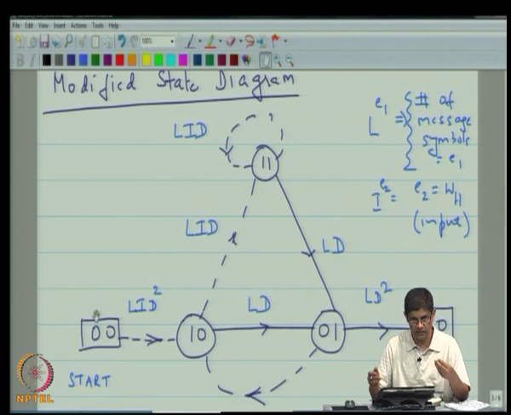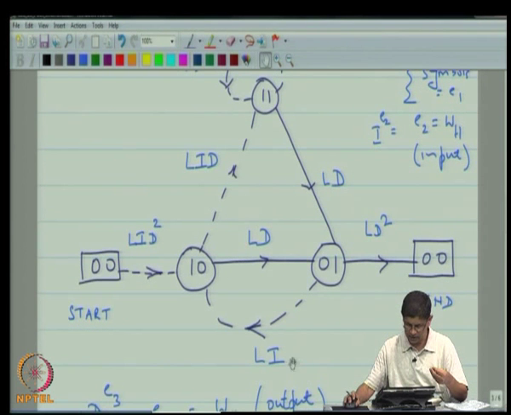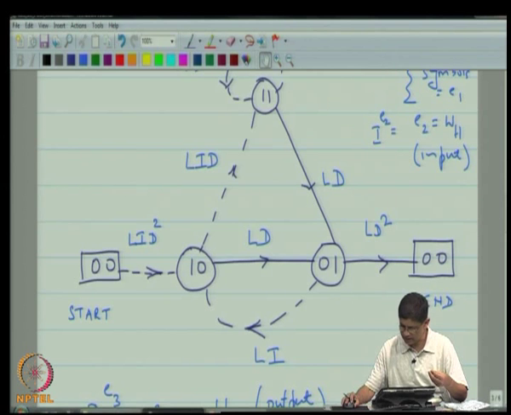So, the start node is initialized to 1. Then in terms of that, the generating function of this is 1 times LID squared plus whatever is there in A01 multiplied by the corresponding term, which is LI. A01 times LI, and that is exactly what we had actually seen.